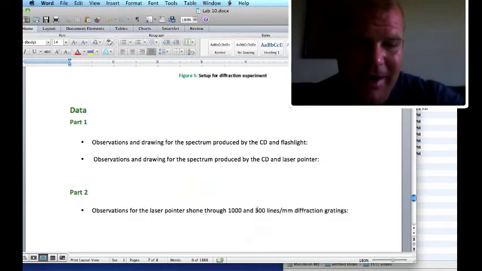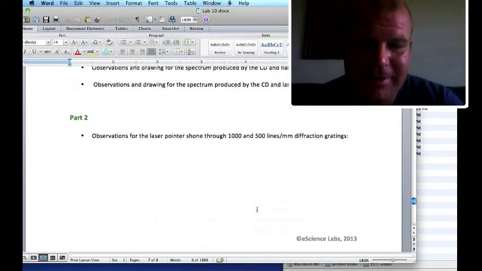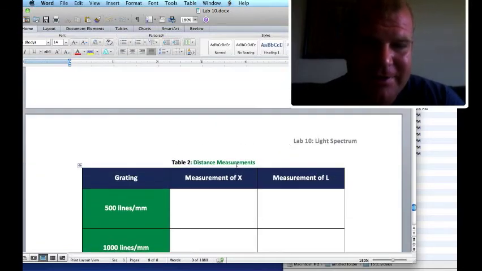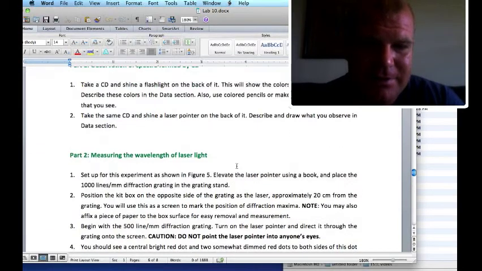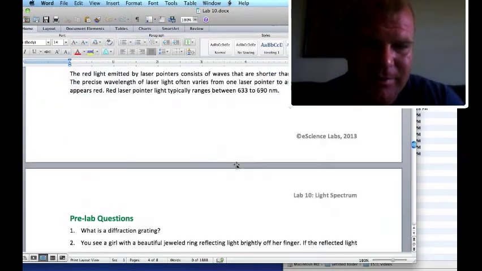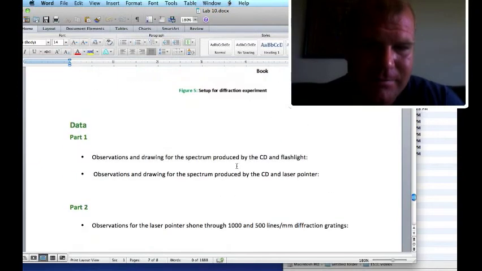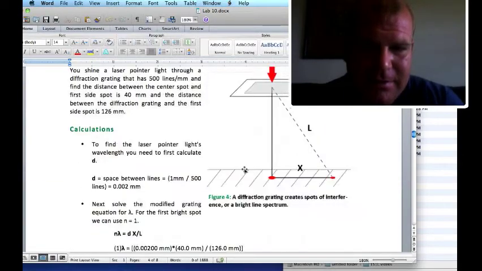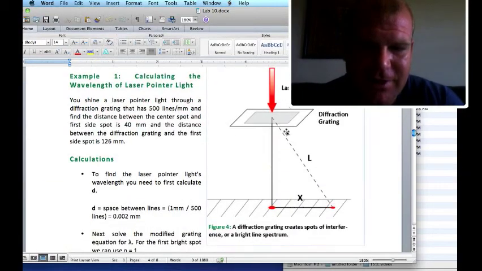Now with the laser pointer, you can do the observations, the calculations, and the measurement of x. So where's the picture? Yes, the x and the L. For the diffraction grating, x is a distance there and L is a distance there.